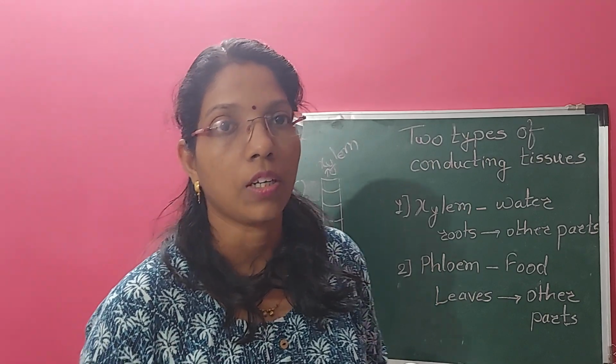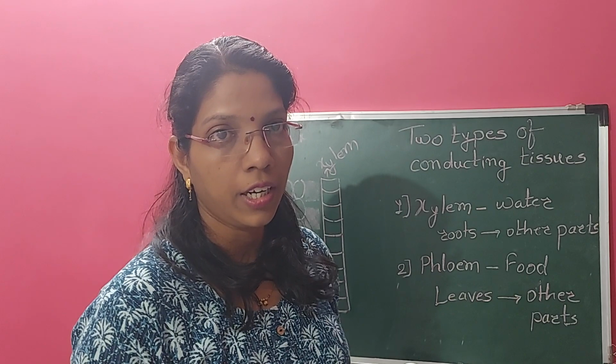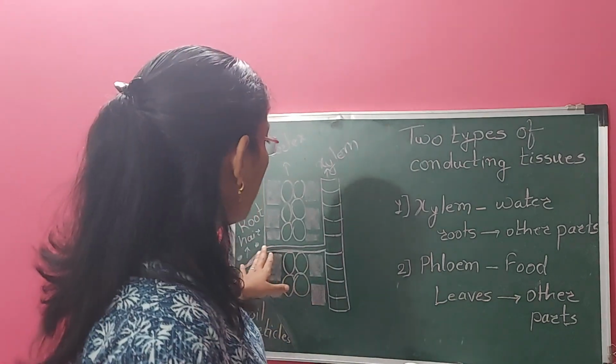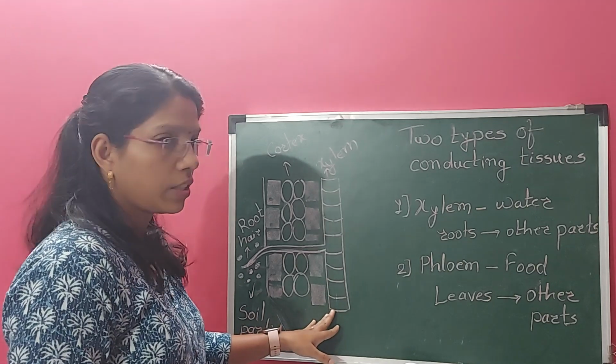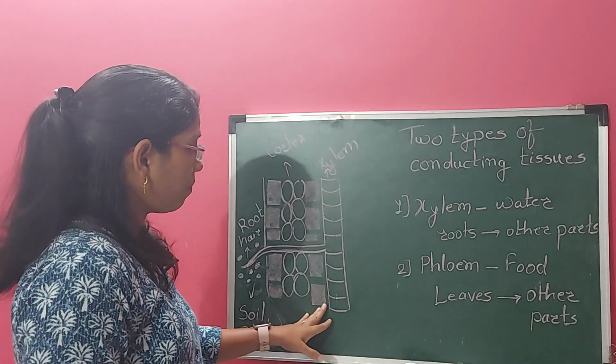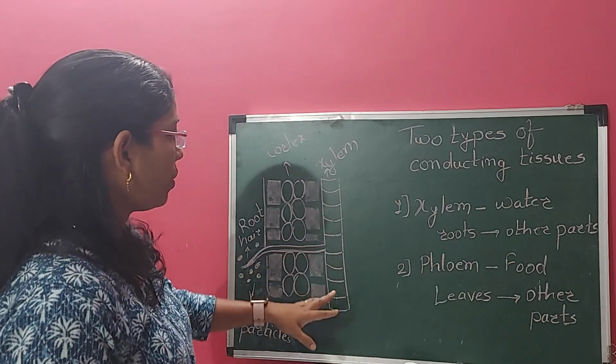Now, how do these tissues work? For that we have drawn a diagram here. This is the xylem tissue present in the transverse section of the root, and root hairs are connected to the main root system.